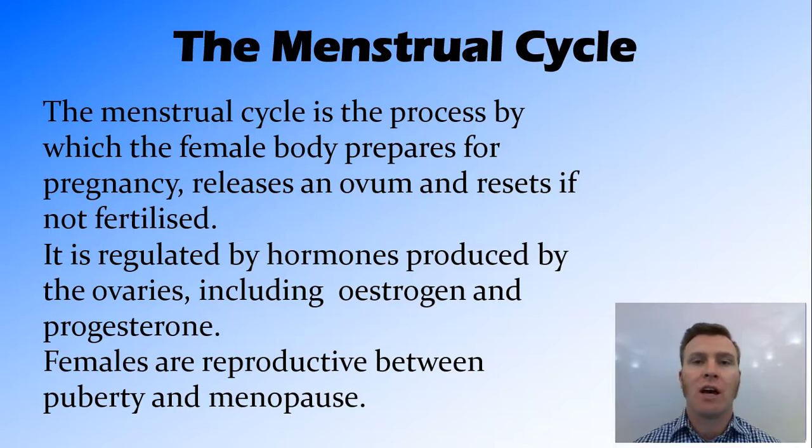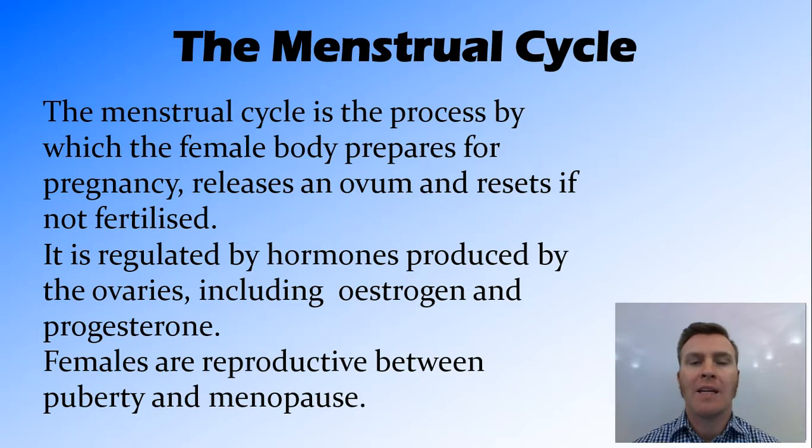The role of the menstrual cycle is to prepare the uterus for pregnancy and for the implantation of the zygote or blastocyst into the uterine wall, as well as release the ovum that can be fertilized by the sperm, and reset if that ovum is not fertilized, reset the uterus to go through the process again. There are a few different hormones which regulate the menstrual cycle, the main ones being estrogen and progesterone, and we'll look at how they work shortly.